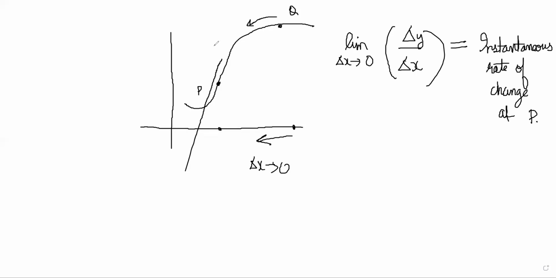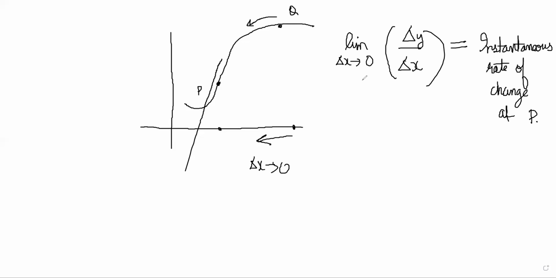So this is what your speedometer is doing. It is actually not doing the limit part. It is doing a small time interval, right? But what you have to do is make the time interval infinitely small.